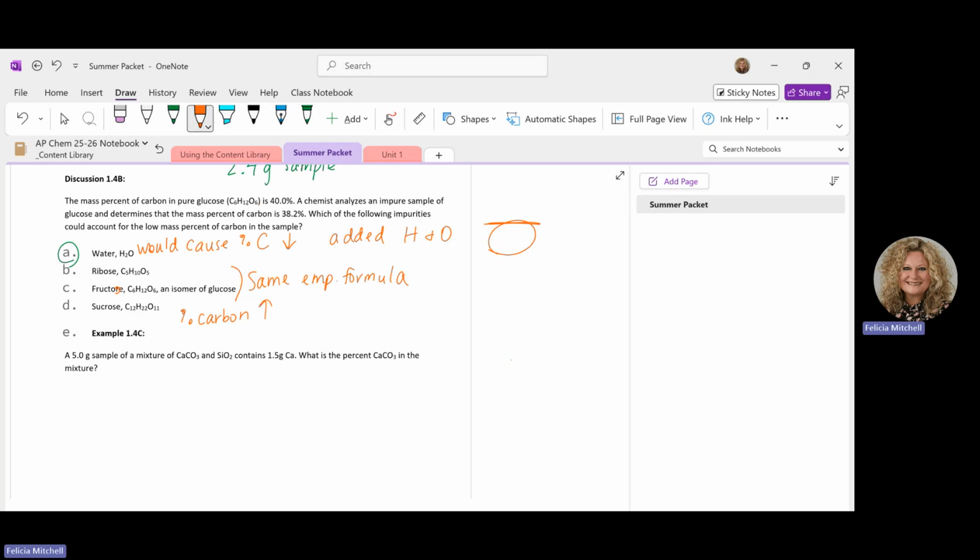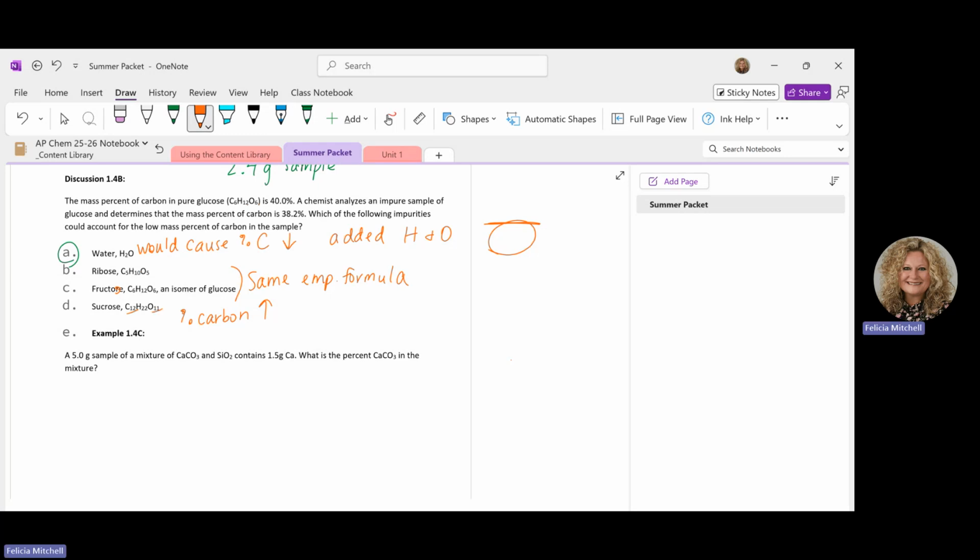Because you're adding carbon. I was trying to think if you guys were going to be thinking about whether it is still the same empirical formula.